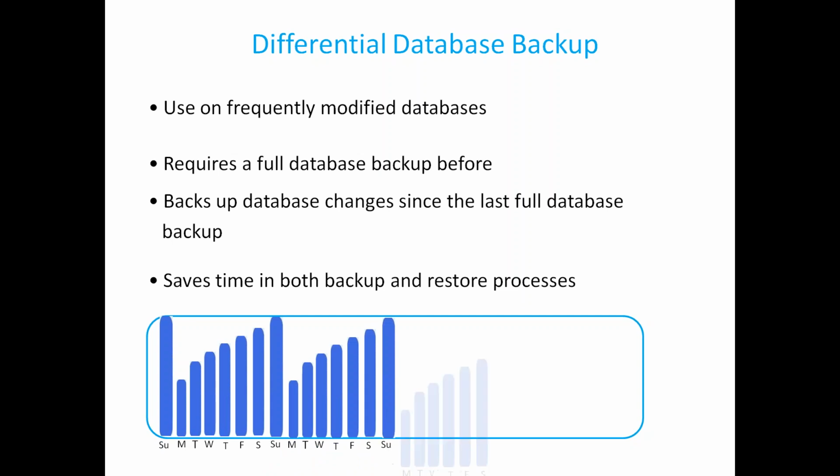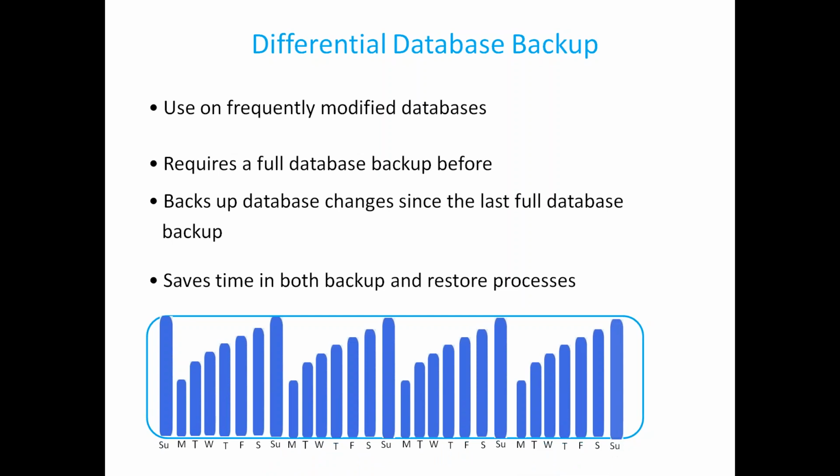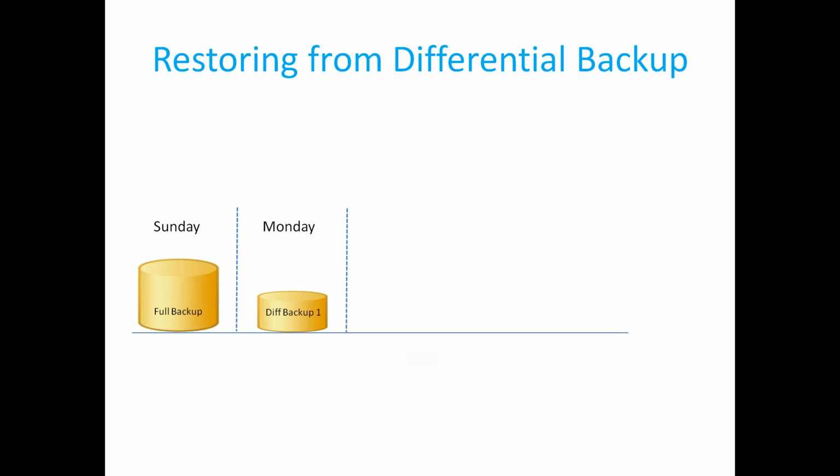So assume this is my scenario, and now my question is, on Sunday I have got a full database backup. On Monday I have taken first differential backup. On Tuesday I have taken a second differential backup, and on Thursday I have taken third differential backup.